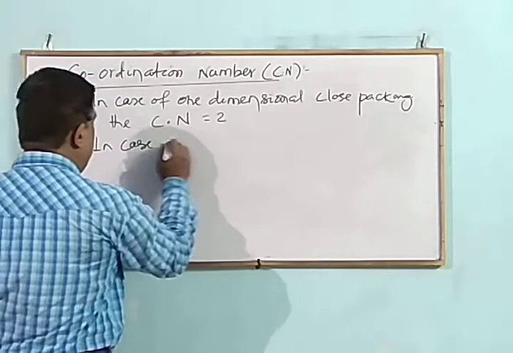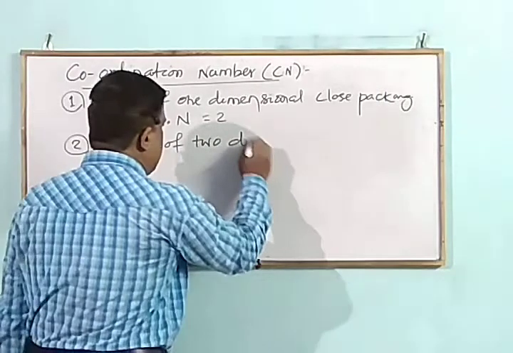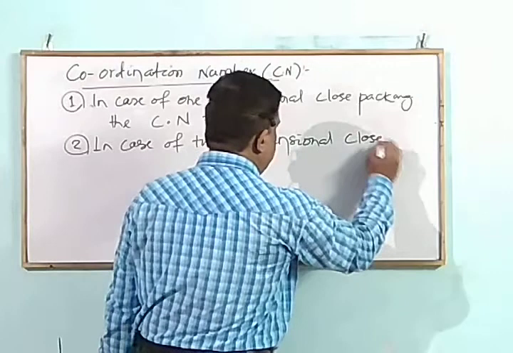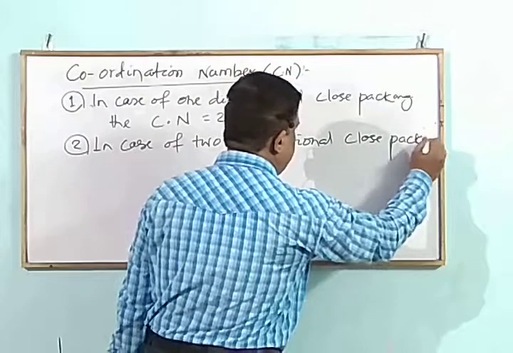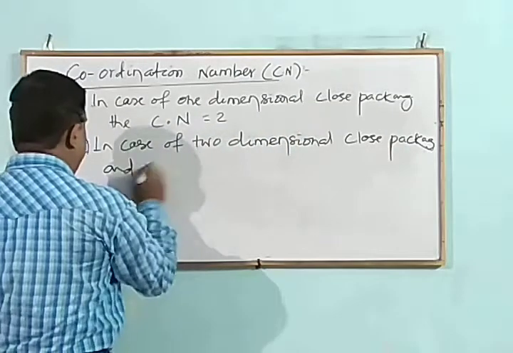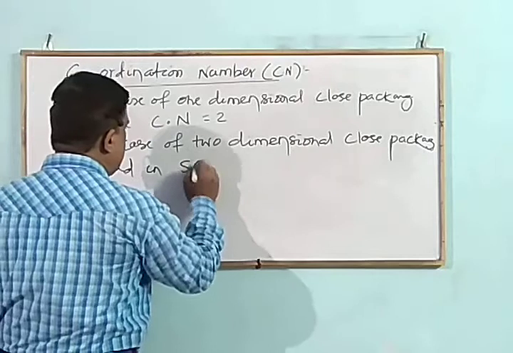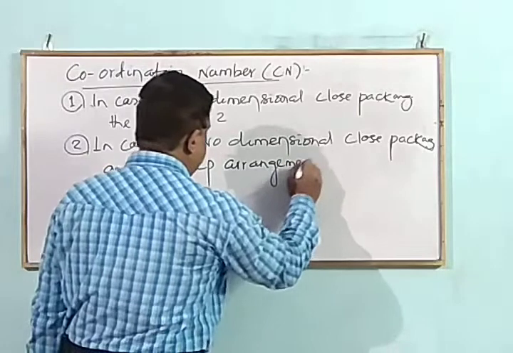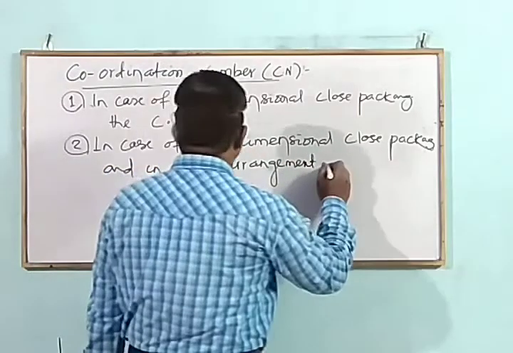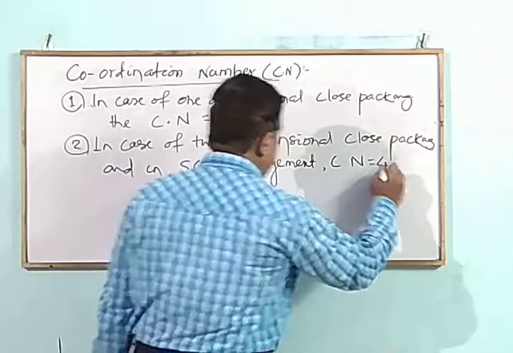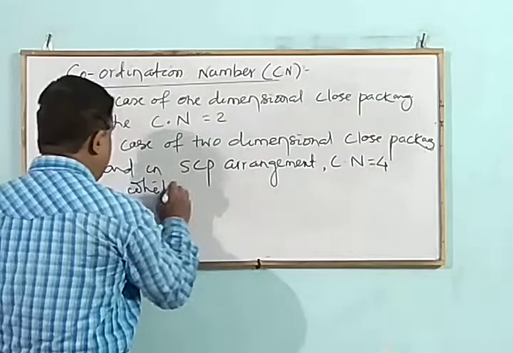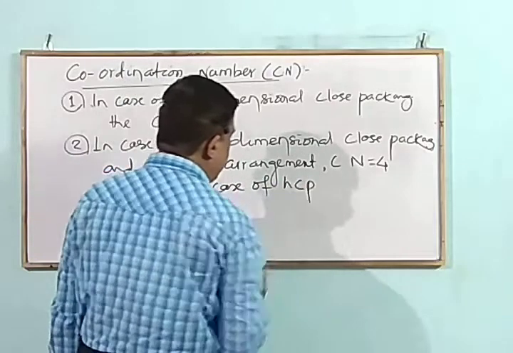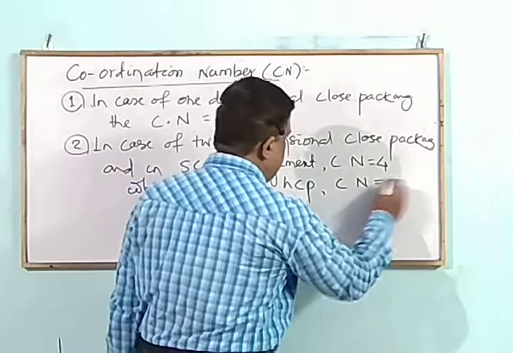In case of two-dimensional closed packing, and in square closed packing SCP arrangement, C dot N is equal to 4, while in case of hexagonal closed packing, C dot N is equal to 6.